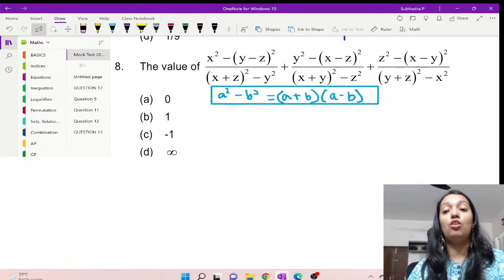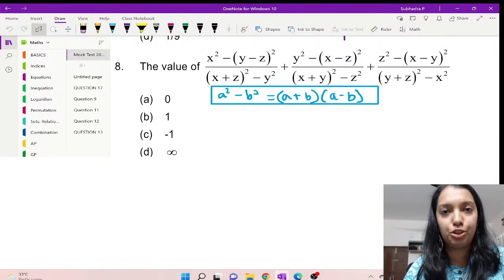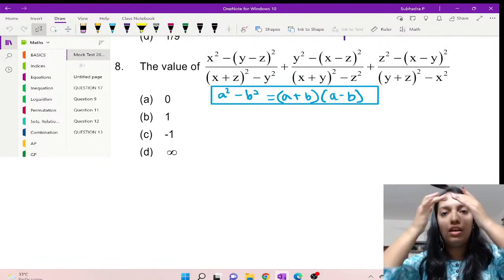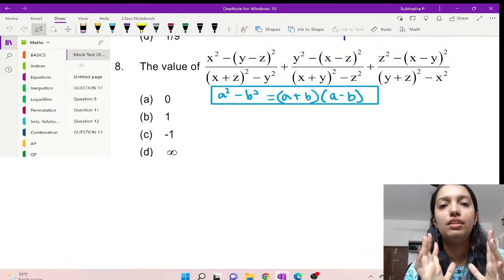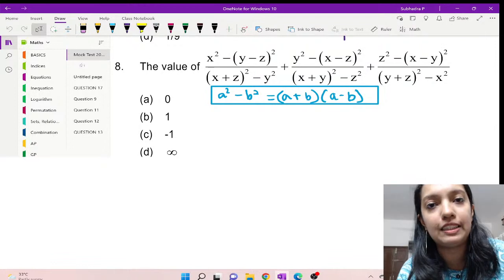Find the value of, oh my god, you can see a very big equation. If you are my student and I have taught you the ratio, proportion, indices, logarithm chapter, then I would have told you the trick for solving such kind of questions.